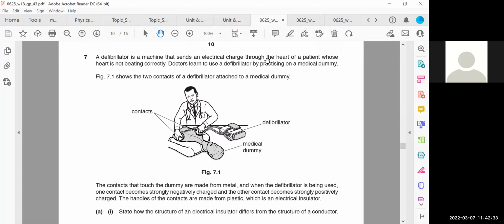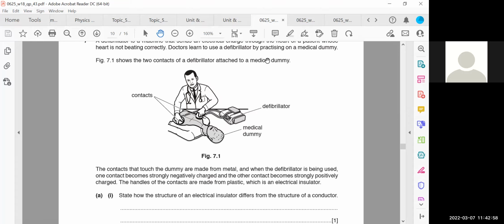A defibrillator is a machine that sends an electrical charge through the heart of a patient whose heart is not beating correctly. Doctors learn to use this machine by practicing on a medical dummy. Figure 7.1 shows the two contacts of this machine attached to a medical dummy.